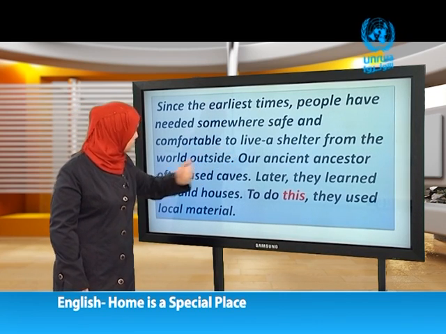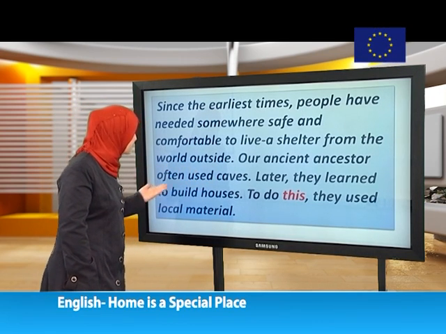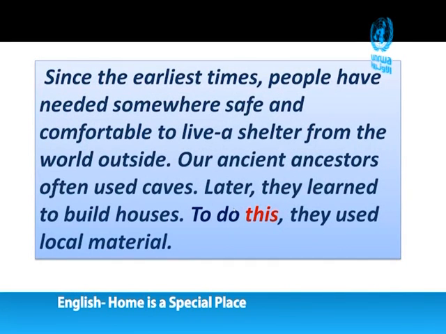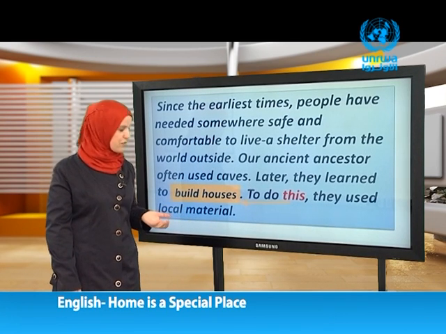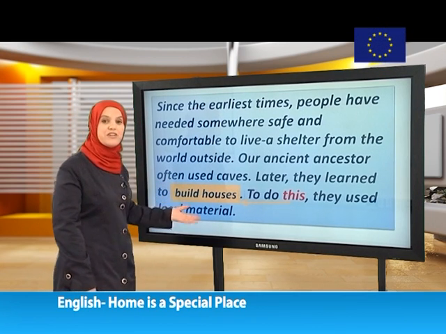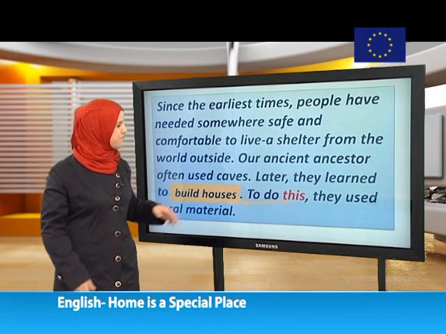Our ancient ancestors often used caves. Later, they learned to build houses. To do this, they use local materials. So, the word this refers to building houses. Let's test our answer. To build houses, they use local materials. Does it make sense? Yes.